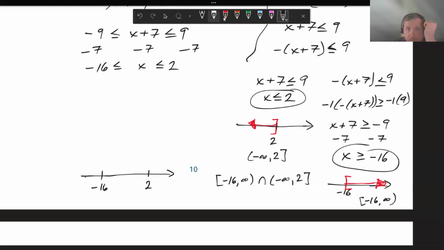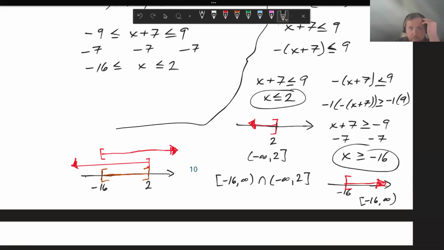I have one doing this, and the other one doing this, and the intersection of these ends up being the final result. So hopefully you appreciate that shortcut.